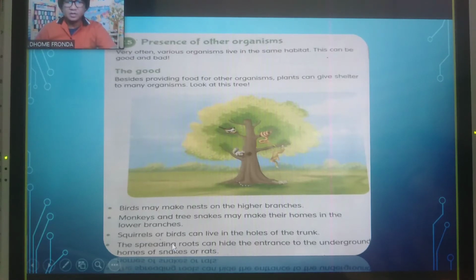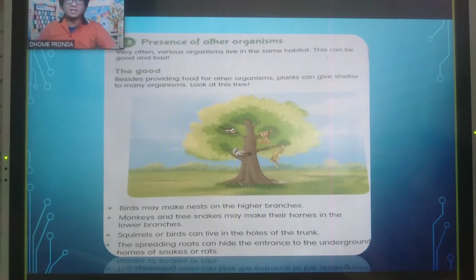The squirrels or birds can live in the holes of the trunks. The spreading roots can hide the entrance to the underground homes of snakes and rats. Over here, the rats and the snakes.